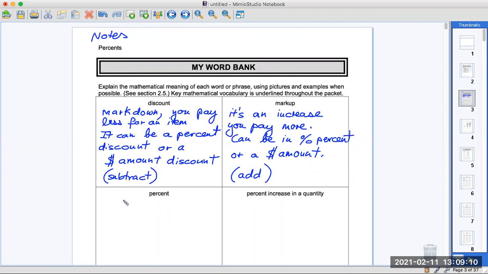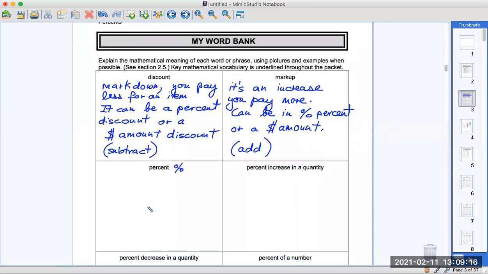Okay, percent. This is the symbol again, the little 2. It means out of 100. So the whole part is out of 100, and that is 100%.